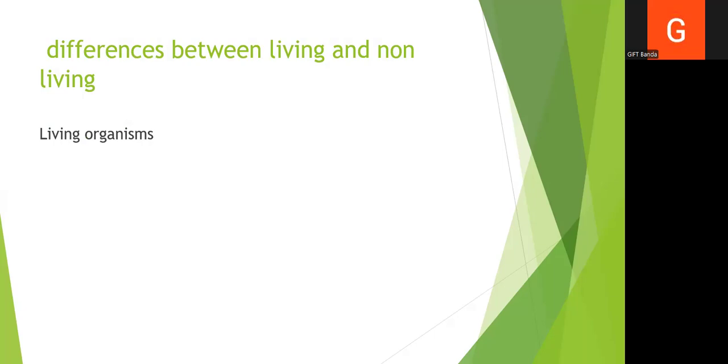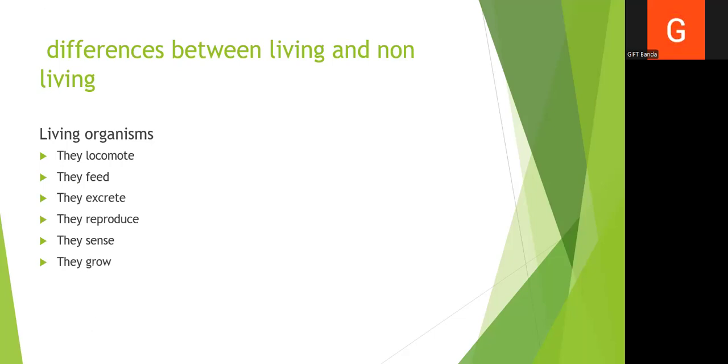These are organisms that have life, and they have a lot of various activities that they do. Probably seven. They locomote, meaning they change posture from one point to the other, using the entire body or just some body parts.